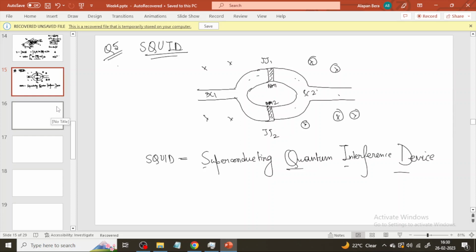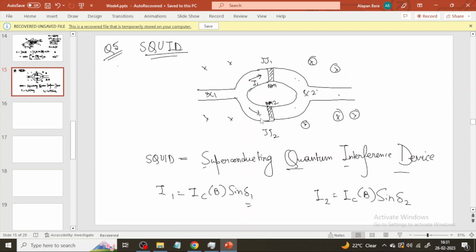Now let's say the current in Josephson junction 1, given by I1, is given by this, and the current in Josephson junction 2 is given by this, where delta 1 and delta 2 are the phases, and they are different from each other. Current I1 is flowing here, and current I2 is flowing here.